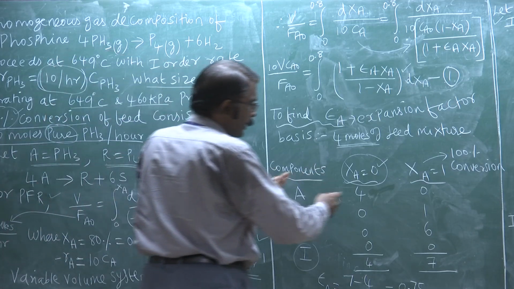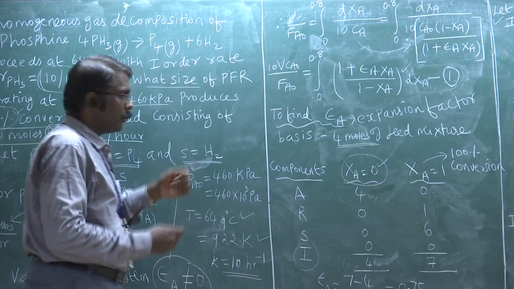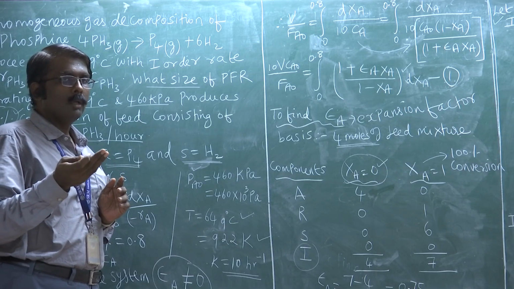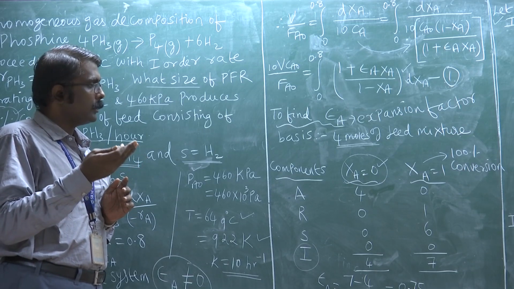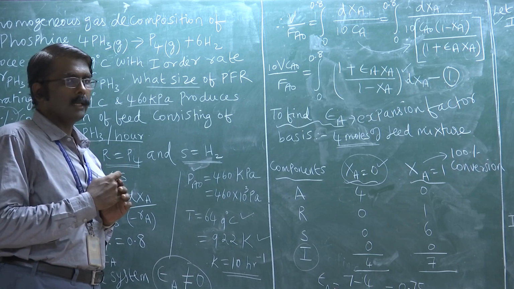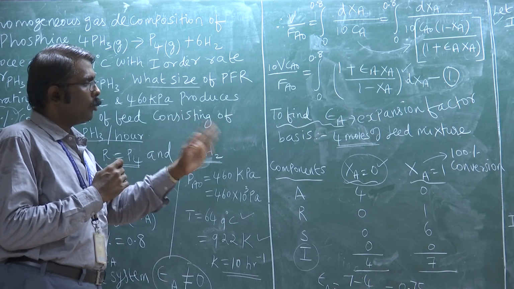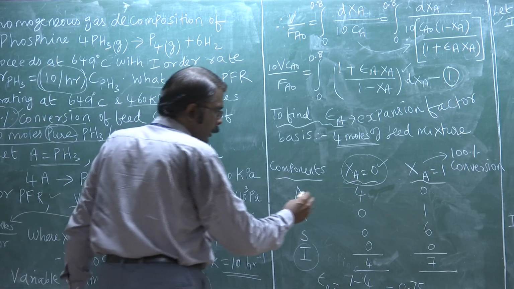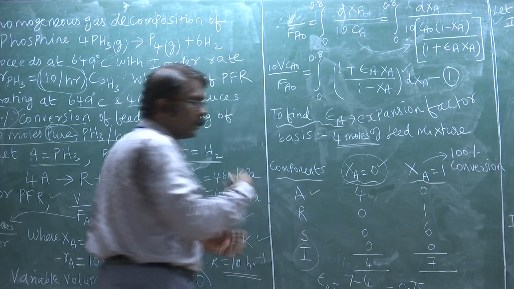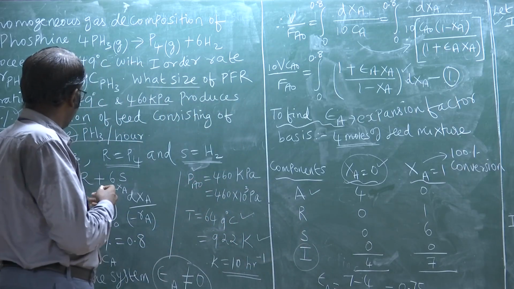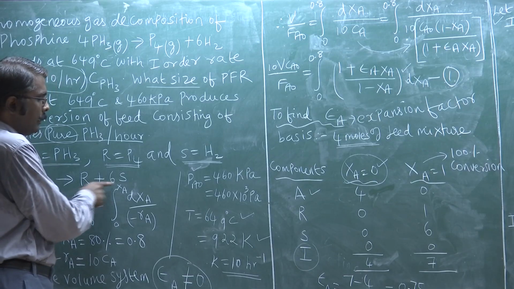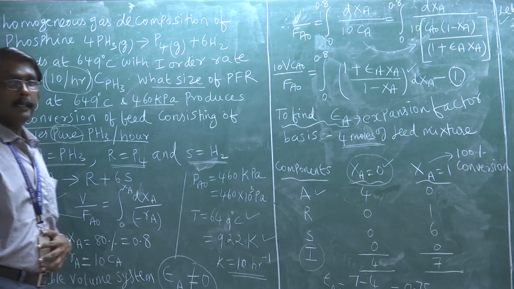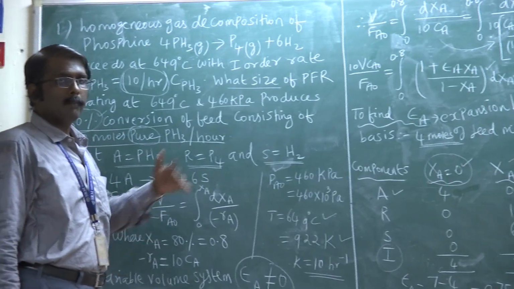Now we have to prepare a small table to write all the component names and the total number of moles when Xa equal to 0. Xa equal to 0 represents the 0% conversion condition, the starting point of the reaction at time t equal to 0. Then Xa equal to 1 represents 100% conversion. The components included are A, R and S, all these 3 component names are mentioned here.